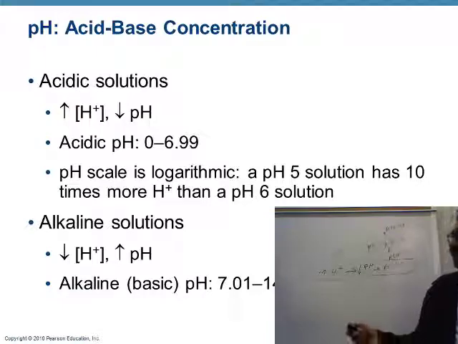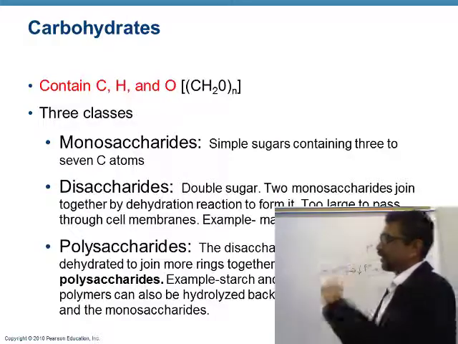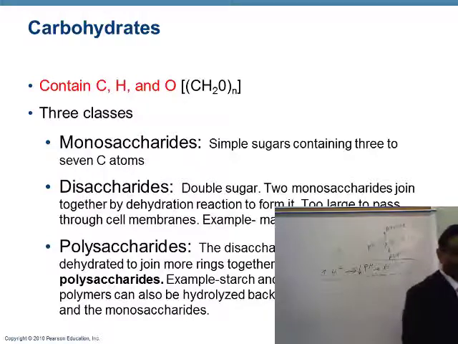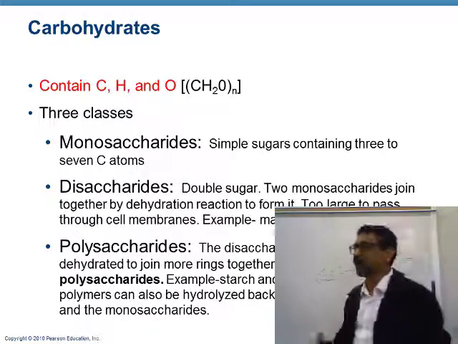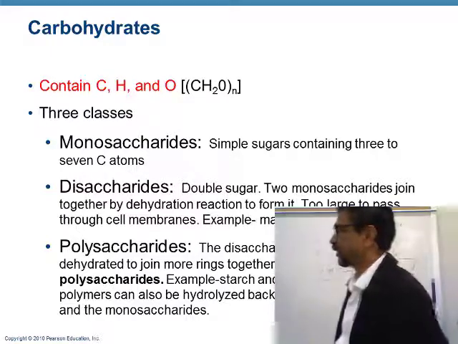Organic compounds: carbohydrates, fats or lipids, proteins, and nucleic acids. Just quickly know that if you see a carbohydrate molecule, you will always find 3 atoms, C, H, and O. Carbon, hydrogen, oxygen must be present, those 3.